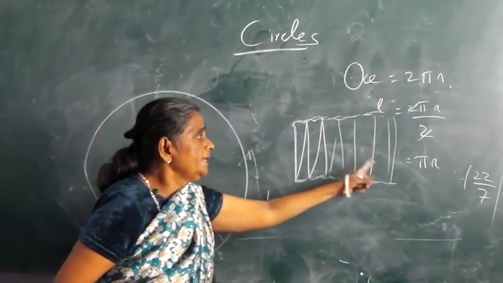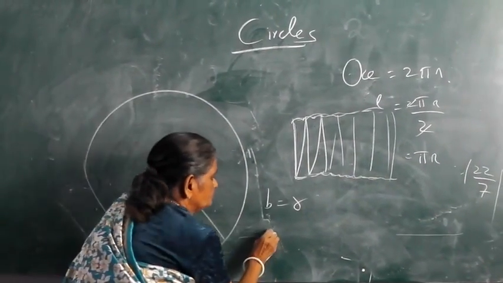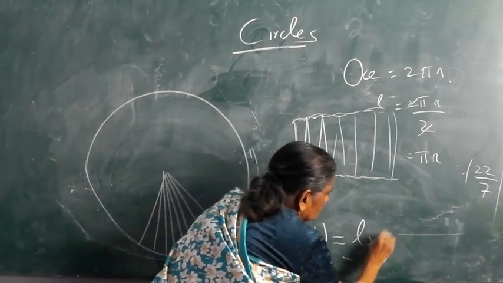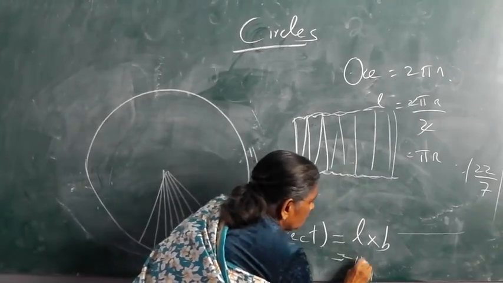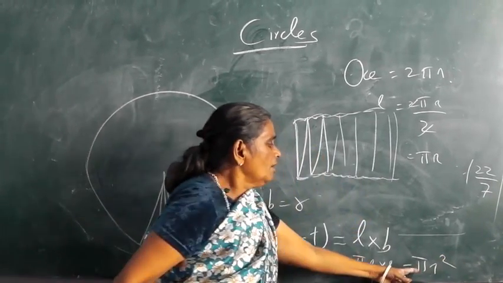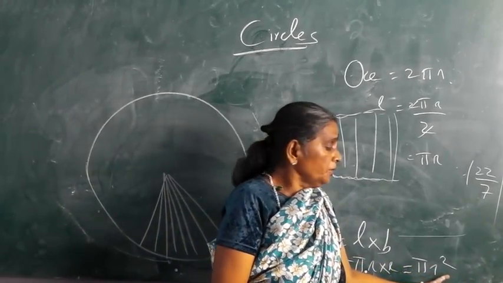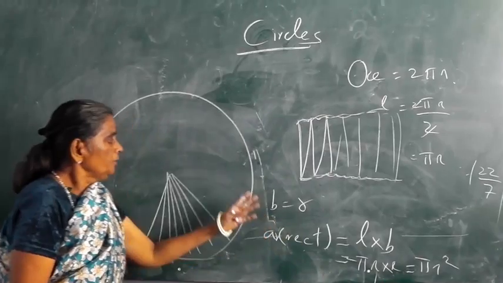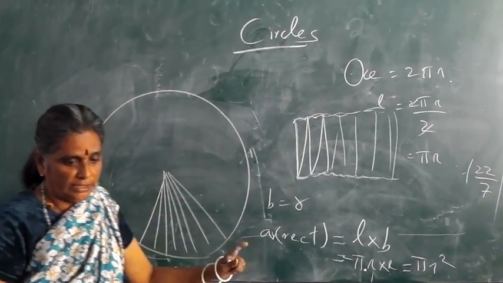Now the area of any rectangle is length into breadth, which is pi r into r, that is pi r square. Pi is constant, r square is a square unit, so pi r square gives square units, and that gives the area of the circle.